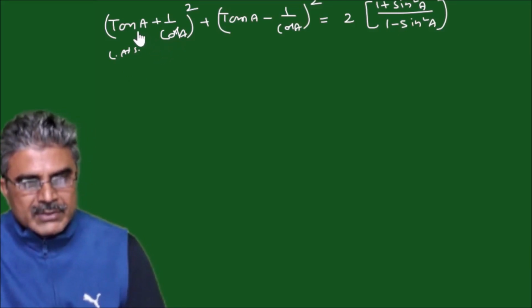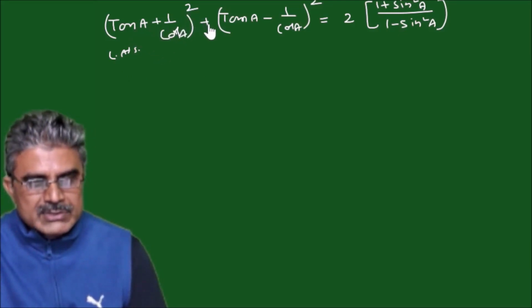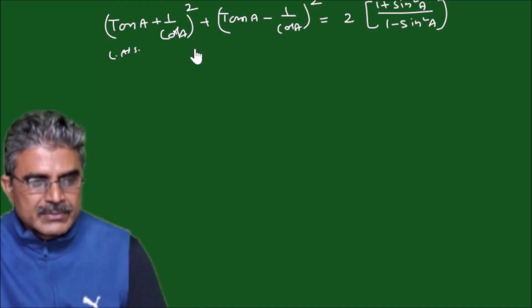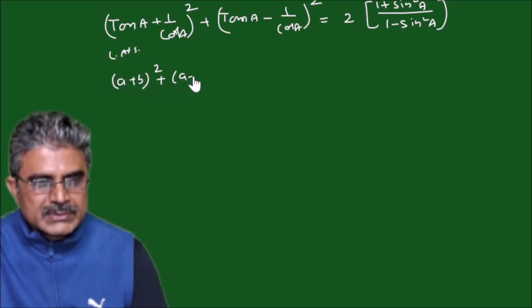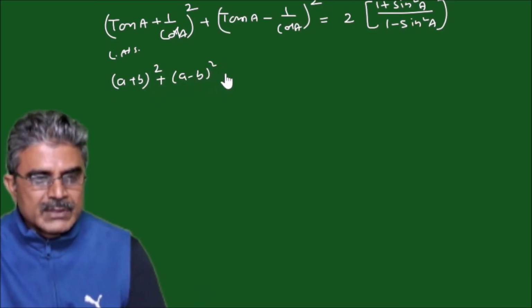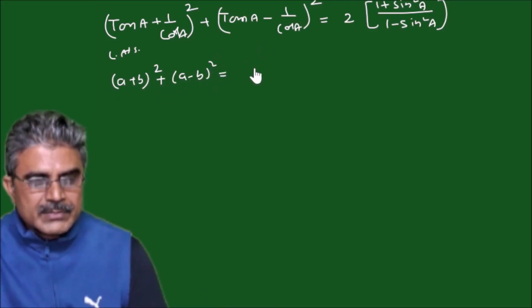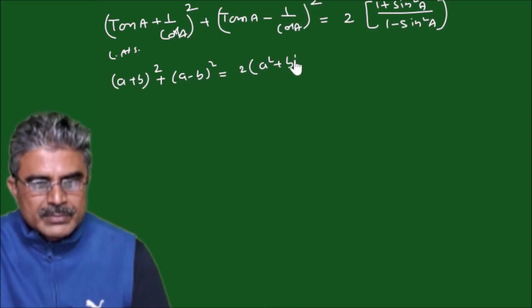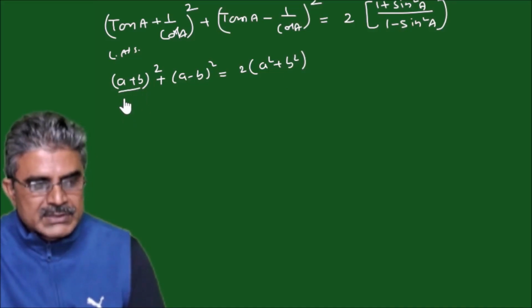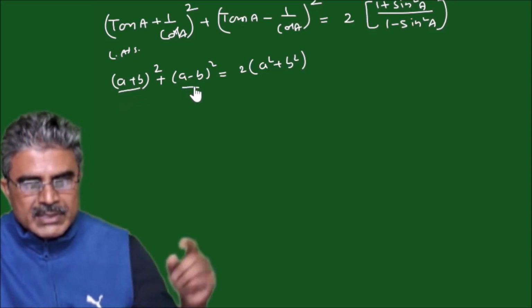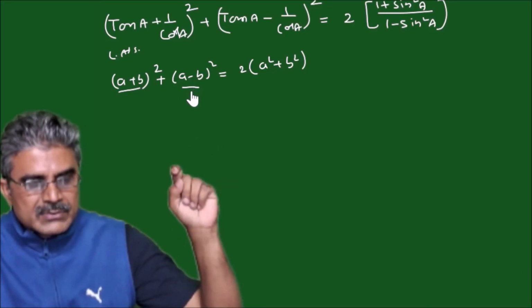If you observe that one, it will be like A plus B whole square plus A minus B whole square. It can be written as 2 into A square plus B square, because the expression for A plus B whole square is A square plus B square plus 2AB, and the expression for A minus B whole square is A square plus B square minus 2AB.